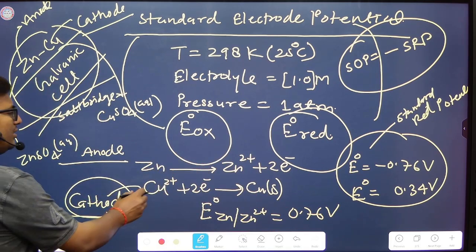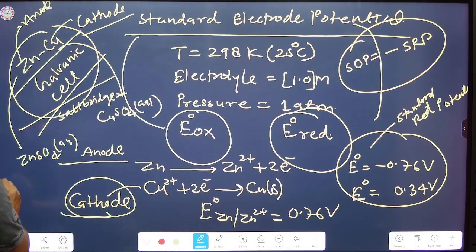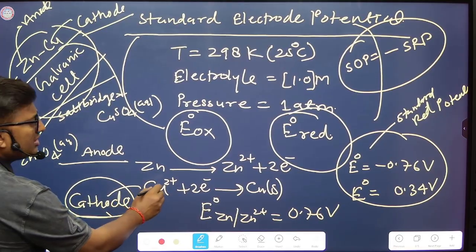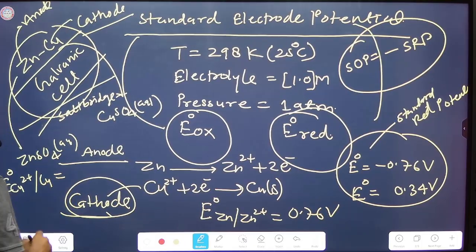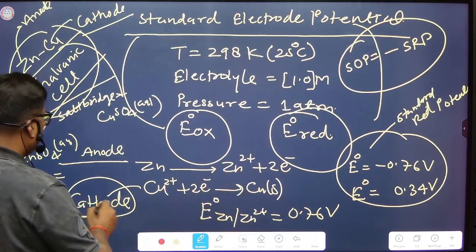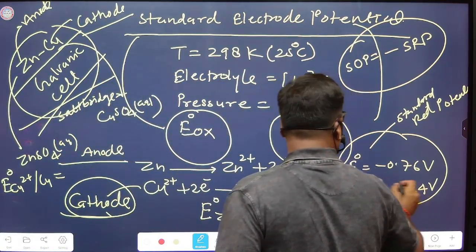Now for this particular half cell reaction, Cu2 plus is reduced to Cu, and here it is actually the standard reduction potential, 0.34.